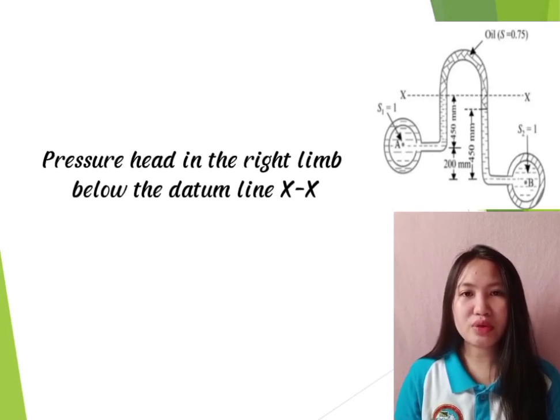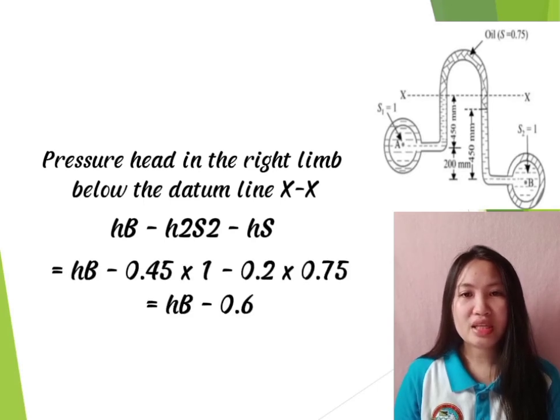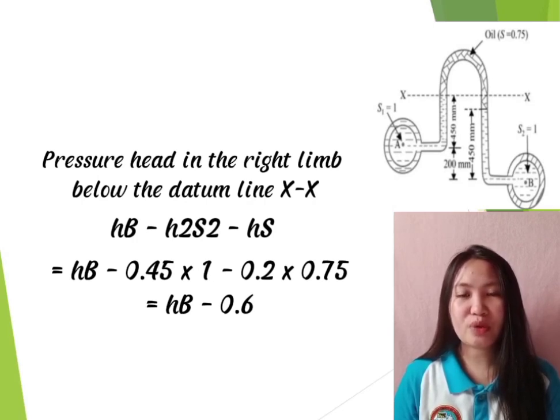Now, let's compute the pressure head in the right limb below the datum line. The formula is HB minus H2 times S2 minus HS, which equals HB minus 0.45 times 1 minus 0.2 times 0.45, which is equal to HB minus 0.6.